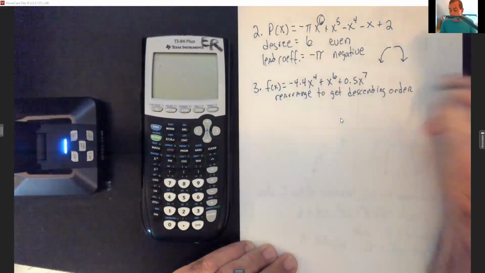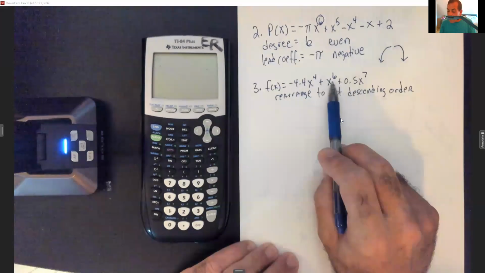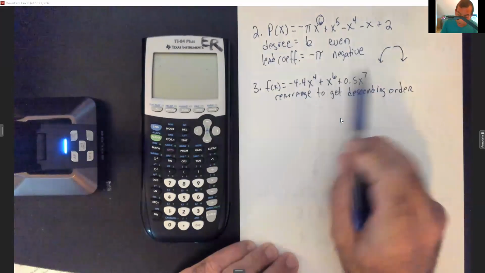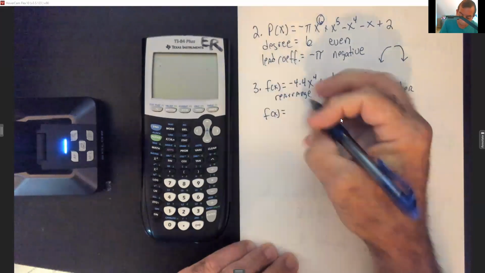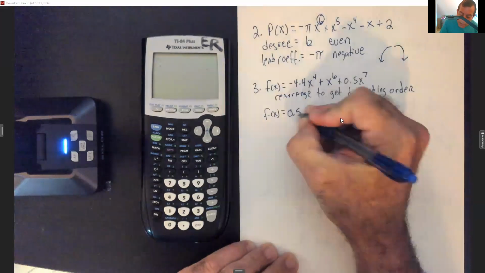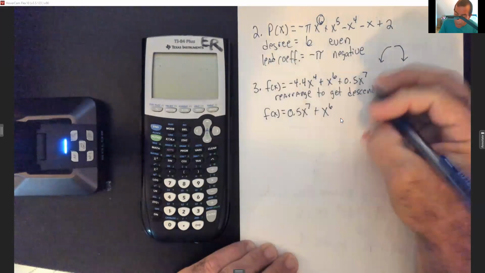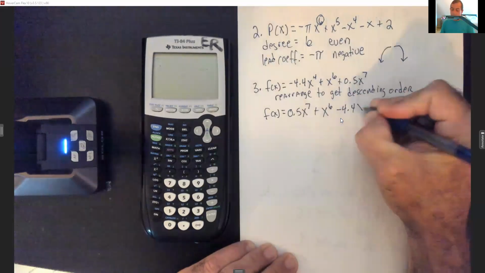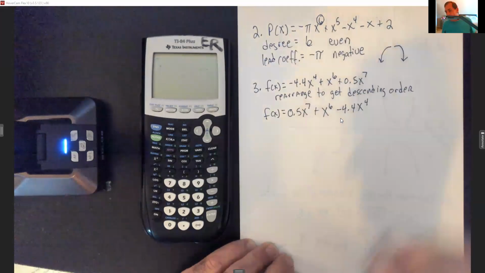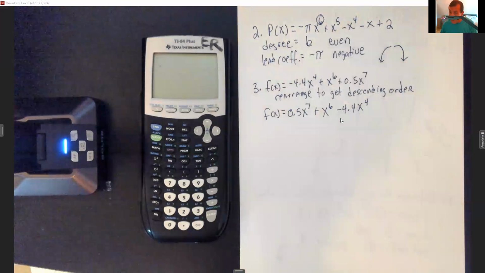So what we mean by descending order is put all these terms in order from the highest exponent to the lowest. So I would have f of x equals 0.5 x to the seventh, and then that x to the sixth would be next, and then that minus 4.4 x to the fourth. Sometimes it's easier to find the degree and lead coefficient if you got them in the right order, okay?